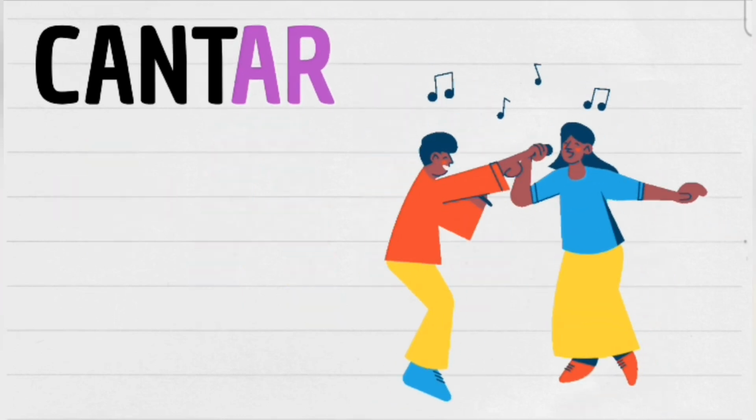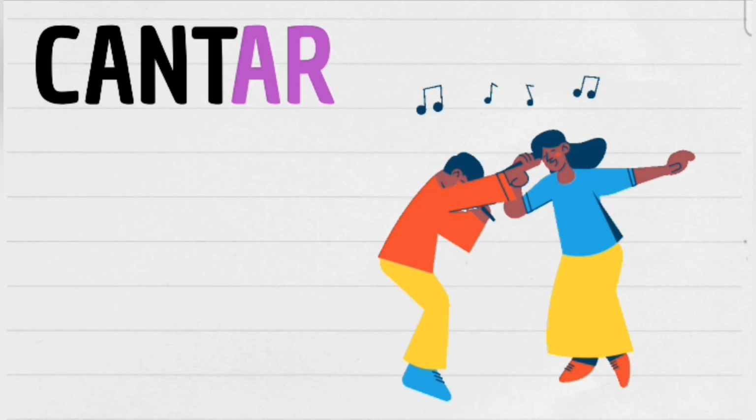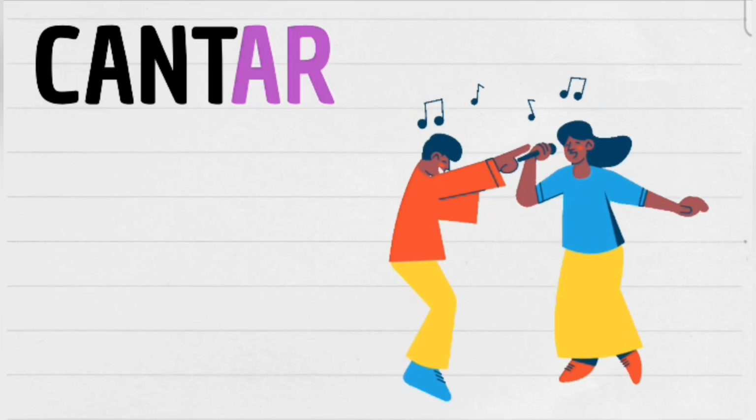So if you have this verb to sing, cantar, as you can see, we have this root word, cant. This word is not changing, okay? And then the ending is going to change according to the imperfect past.